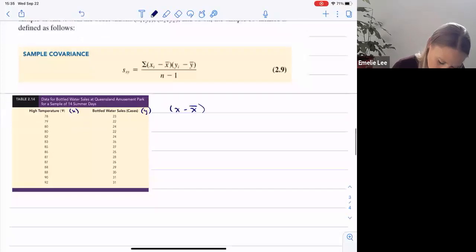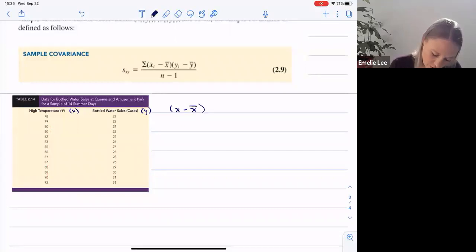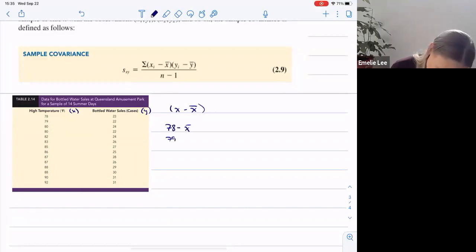Now I don't have the mean of these numbers, but it would be 78 minus the average of these numbers, 79 minus the average of these numbers, and so on and so forth. So 78 minus X bar, 79 minus X bar, and so on.